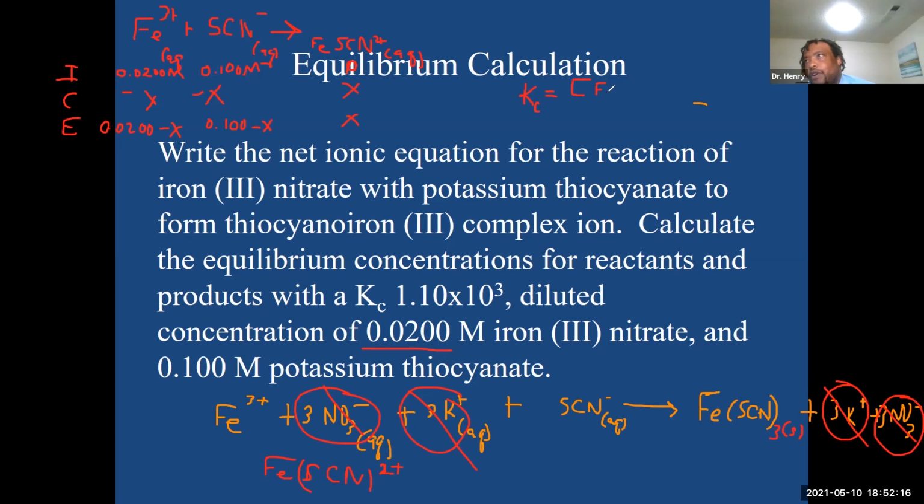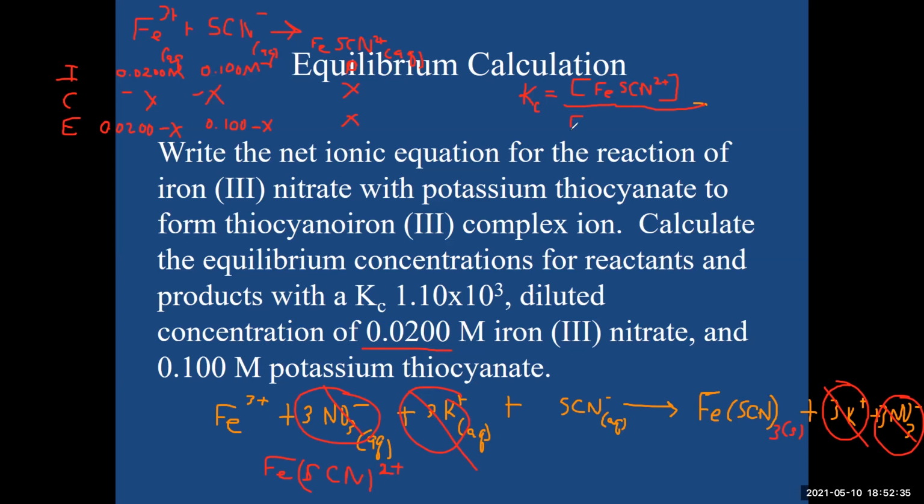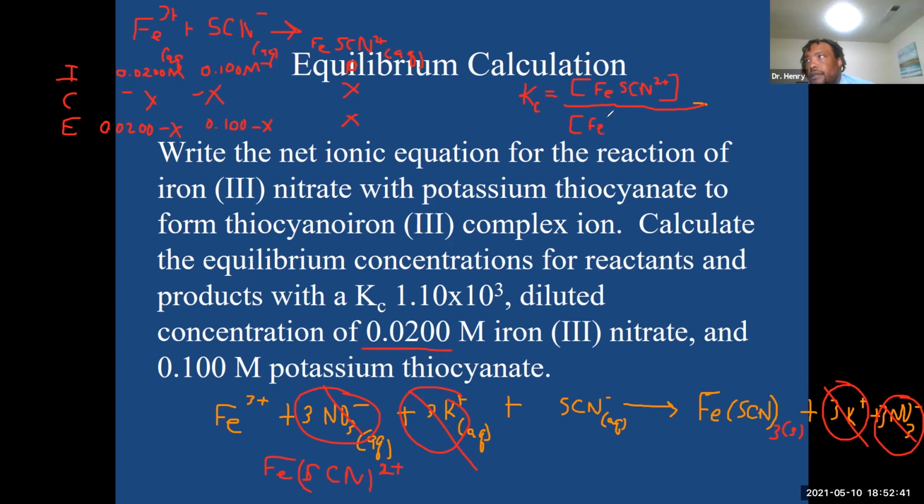So we have the FeSCN2+, like you said, over the thiocyanate times iron, our iron and our thiocyanate.